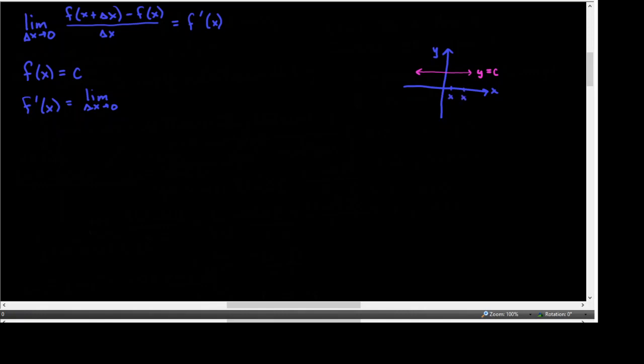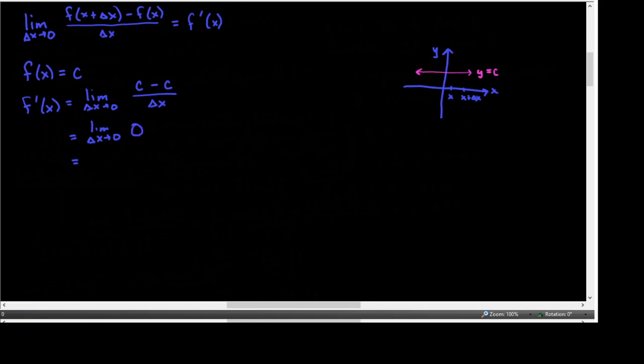Whatever I put in, the output is always c. So when I substitute in x plus delta x into that function, I'll get back c, minus, when I put x into that function, I'll get back c, all over delta x. And of course, that difference is 0.